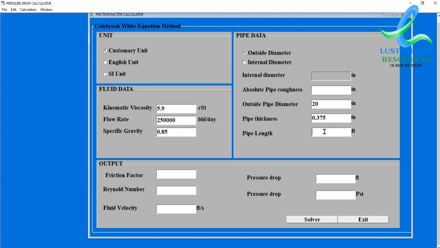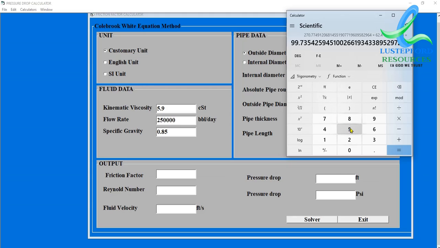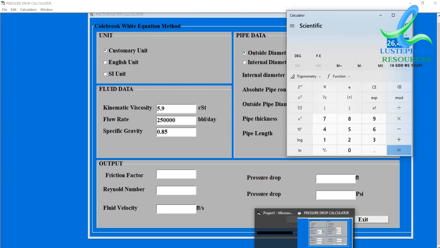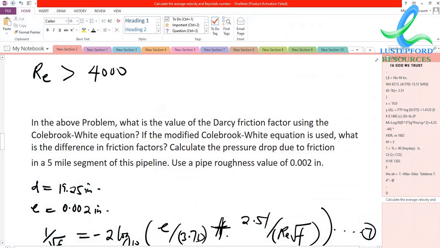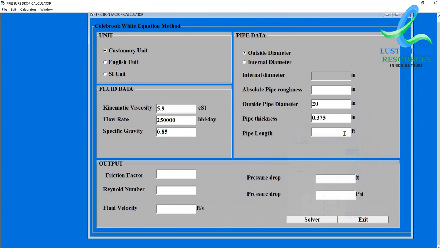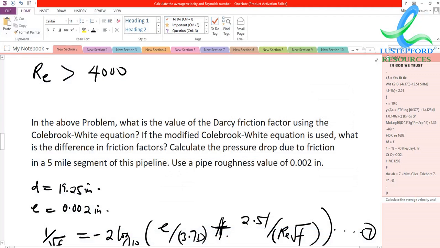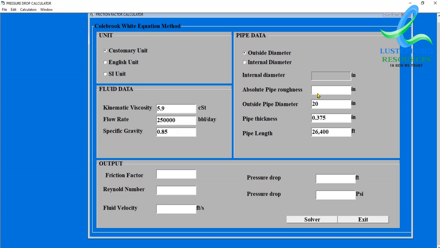Let me use the calculator now. 5 times 5280 to convert to feet. Let me copy this and paste it in. Now the pipe roughness, what did they give us? 0.002. So this is what we get.